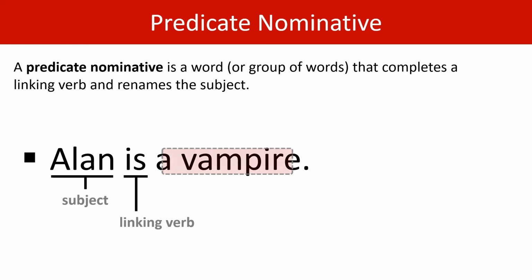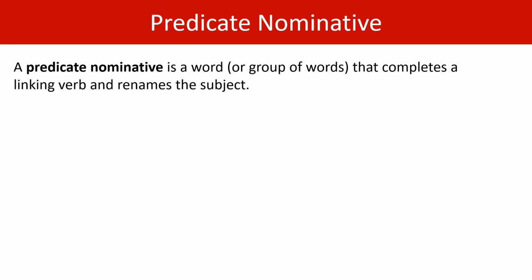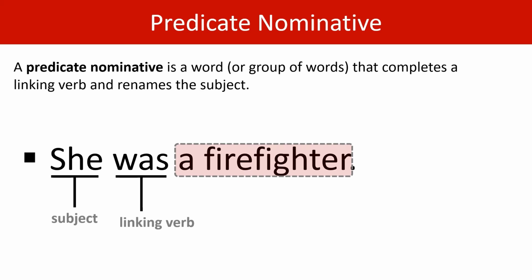Well, here's a predicate nominative. It completes the linking verb and renames the subject. Let's do another one. She was a firefighter. Well, this is our subject. Was is the linking verb, and a firefighter is our predicate nominative. It completes the linking verb and renames the subject.